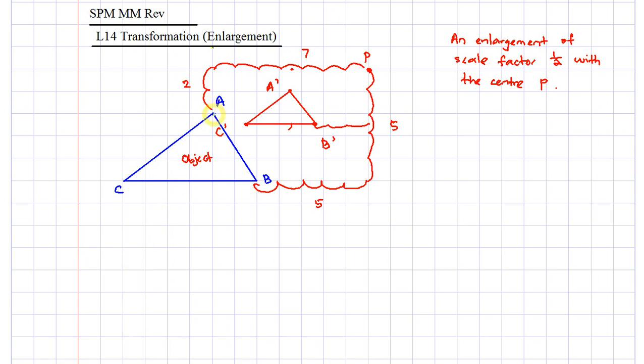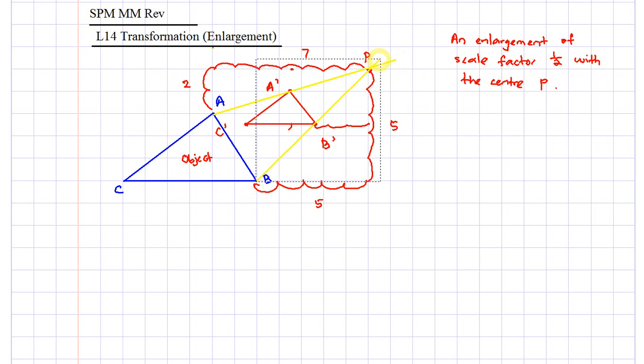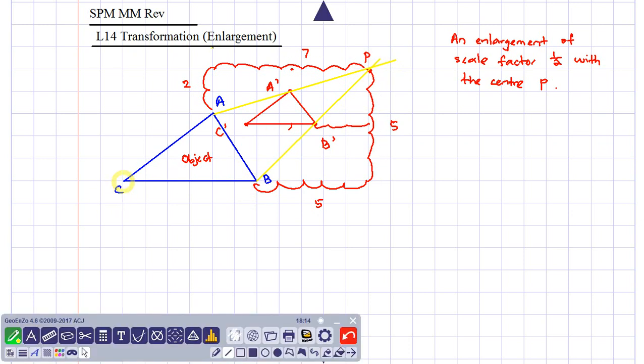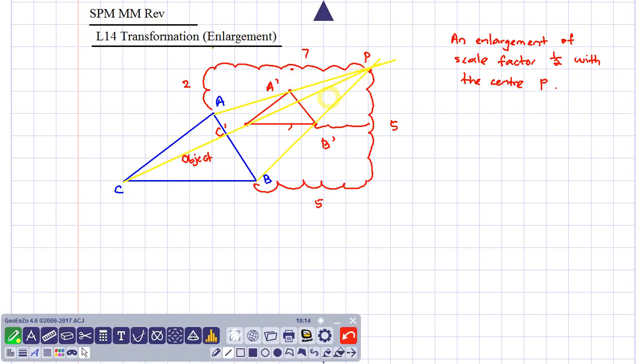Connect point A to A prime, then B to B prime, C to C prime. You will notice that all of them intersect at the center, which means we drew the image correctly.